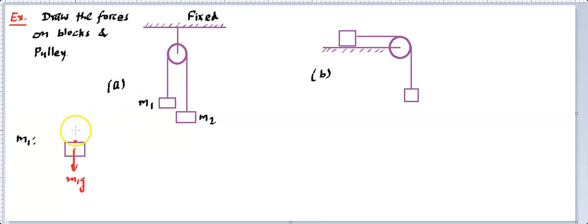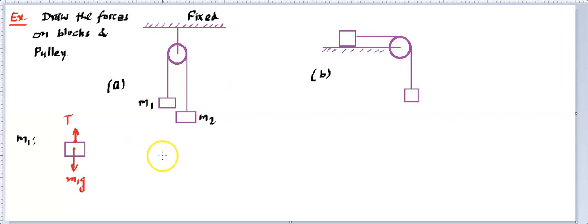And it has to be pulling, so the string must be pulling it. So you draw it in the upward direction. This becomes the force of tension. You can call it T. So this becomes the diagram that shows forces on m1. That's simple, right? And you know the point of contact: that's the center point, the point where the string is in contact.